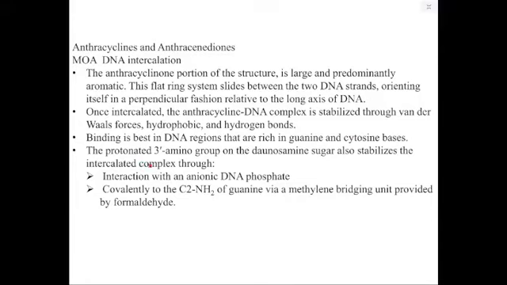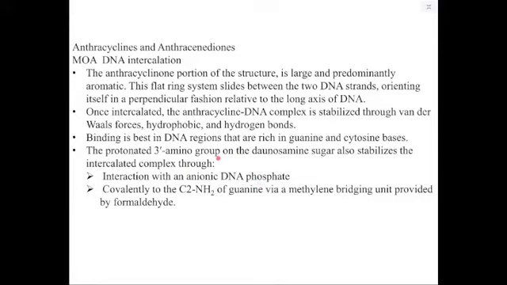The protonated 3' amino group on the daunosamine, I remember I said the daunosamine has an amino group, so it will be protonated at physiological pH, also stabilizes the intercalated complex through interaction with the anionic DNA phosphate, which we have already mentioned. It can also form covalent bonds with the carbon 2 amino group of guanine.